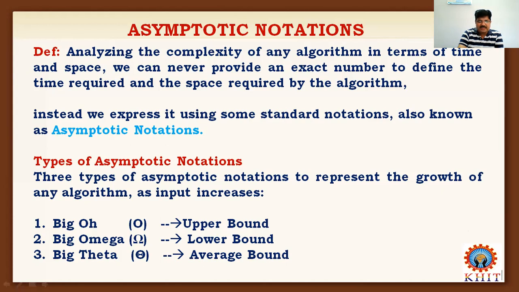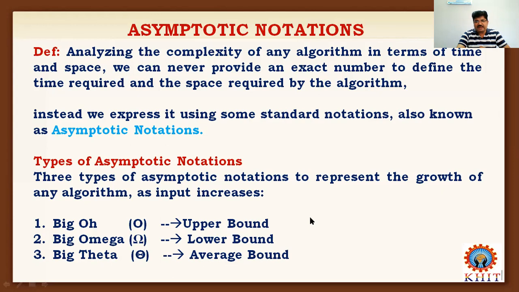Friends, there are three types of asymptotic notations, namely Big O notation, omega notation, and theta notation. Big O notation supports the upper bound, big omega the lower bound, and big theta the average bound.